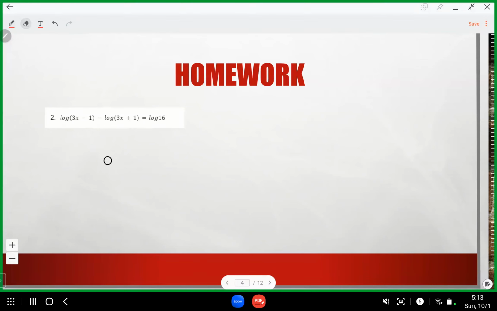So you combine it, and then you divide. And then this thing has to equal 16. So 3x minus 1 divided by 3x plus 1 equals 16. And then you solve for x.